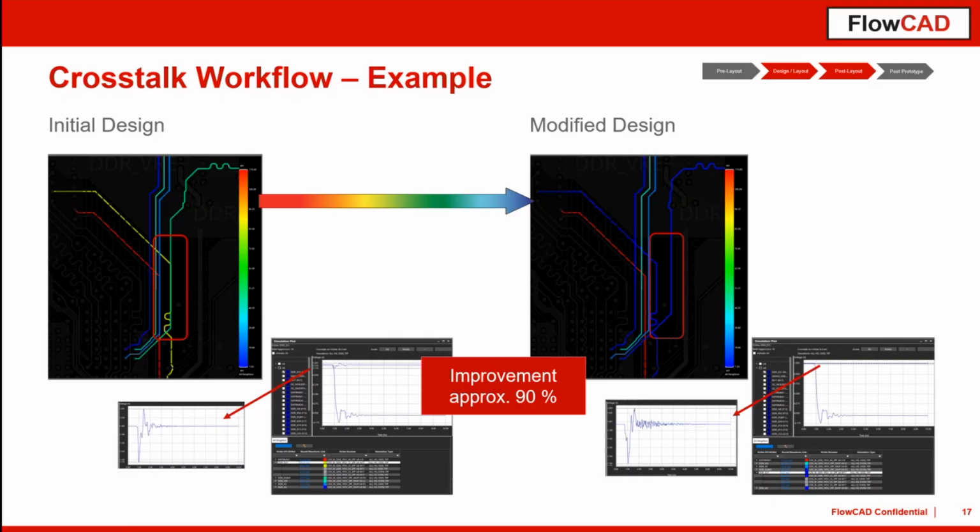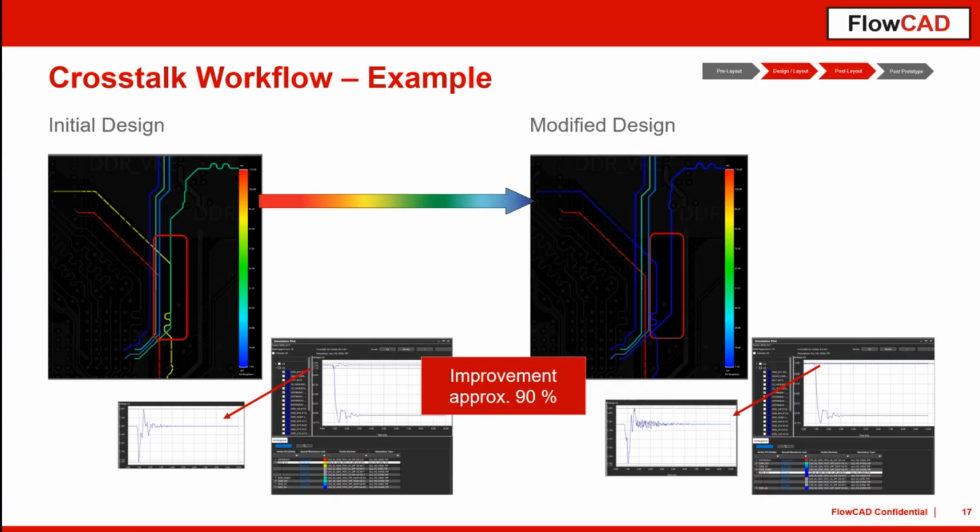You only select a few nets, and then you can see how the crosstalk effect can be optimized. In this case, we were able to reduce the amplitude of the injected voltage by more than 90% just by moving some slides away. And I think that is also a very, very good and easy way to achieve a very robust design in this case.